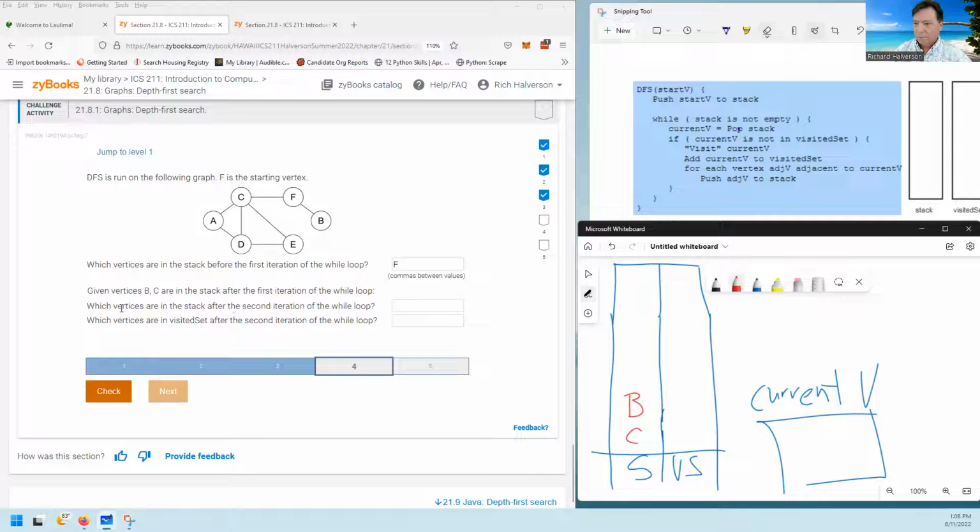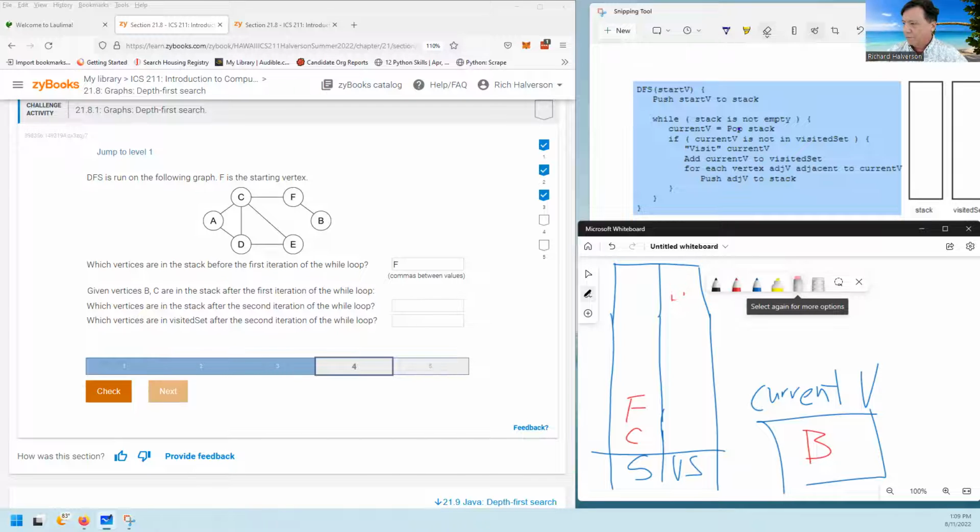And which vertices are in the stack after the second iteration? B is the one that's processed, and B is not going to be there anymore. It's going to be those that are adjacent to B, and adjacent to B is just F. I'm doing this wrong, aren't I?